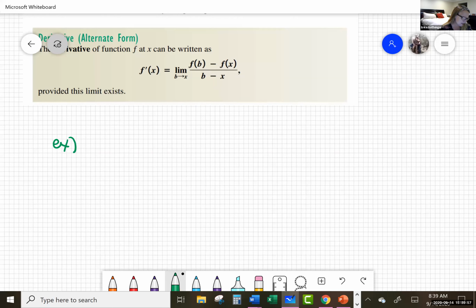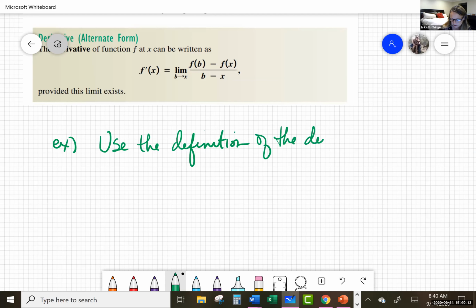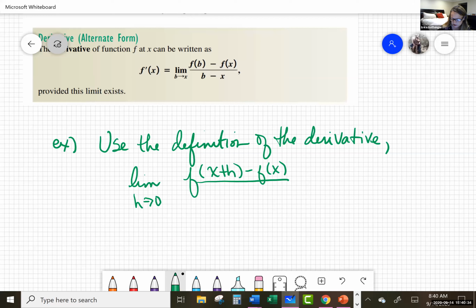Okay, so let's use the definition of the derivative and find f prime of x. So use the definition of the derivative, which I'm going to put right down here. We're going to use the limit as h approaches 0 of f of x plus h minus f of x all over h.